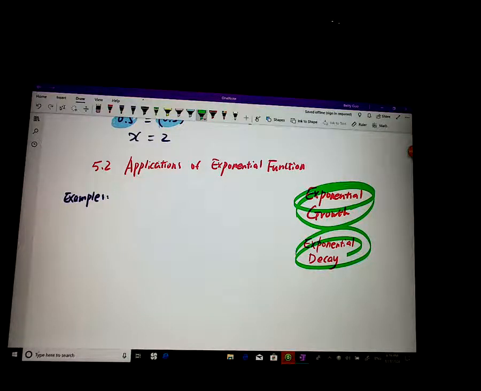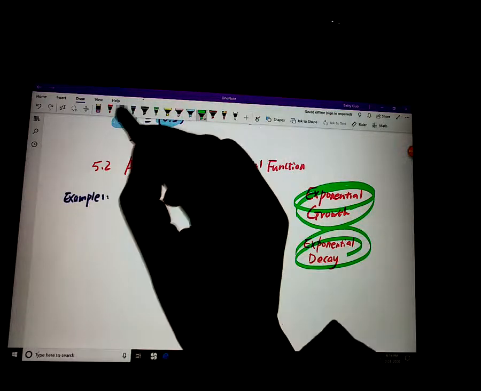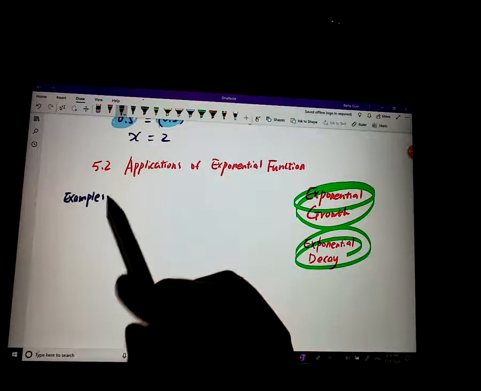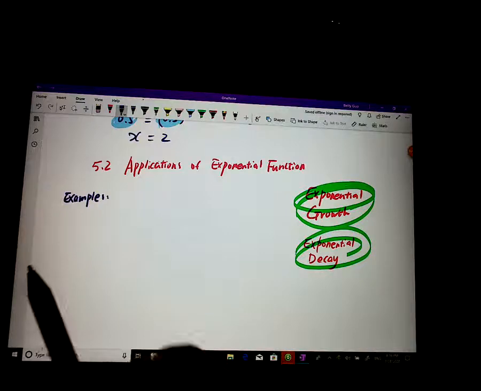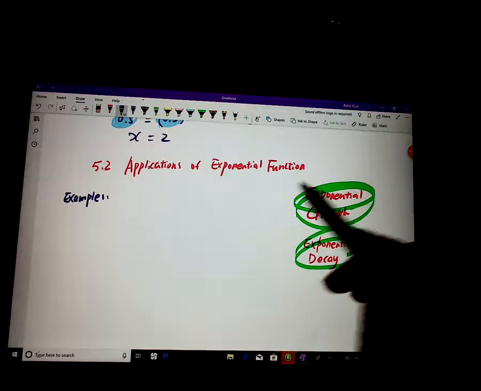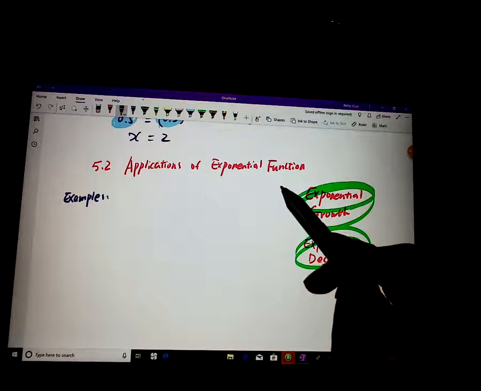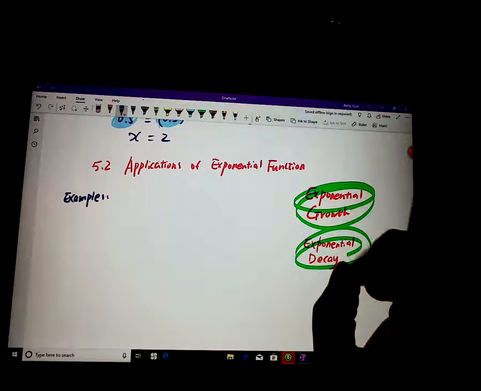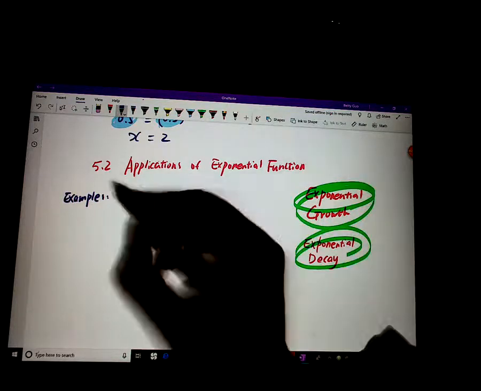Let's get started. Example 1. The number of fruit flies in an experimental population after t hours is given by Q of t equals 20. Do you want me to copy this again? Or do you think you can just look at the notes? So let me write it down.